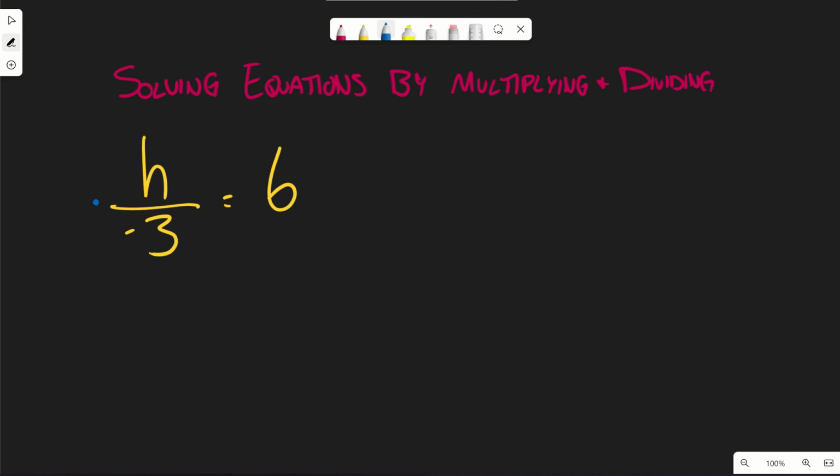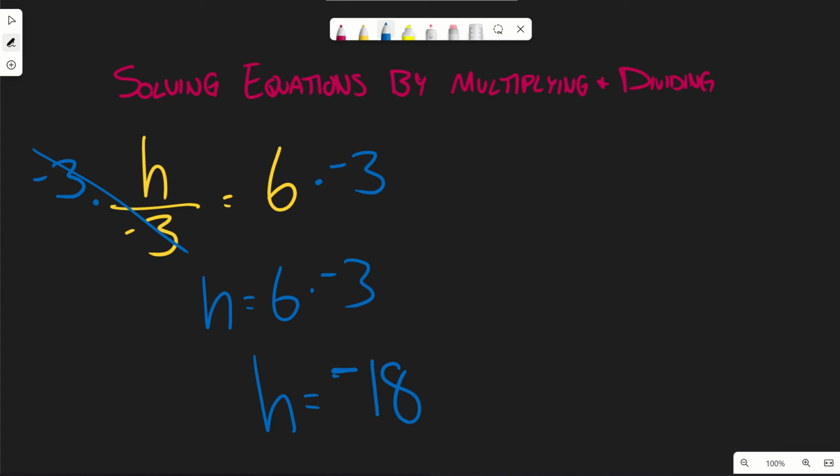Well, it's multiplication. We're going to come over here, times by negative 3, that cancels out my division. Do something to one side, do the same thing to the other. Times by negative 3, I get h equals 6 times negative 3. Well, positive times negative is negative. 6 times 3 is 18. H equals negative 18.